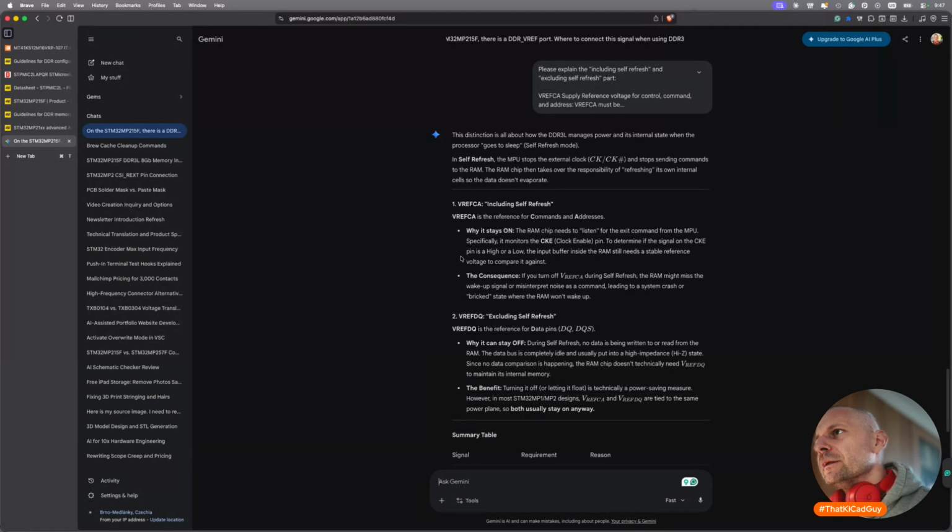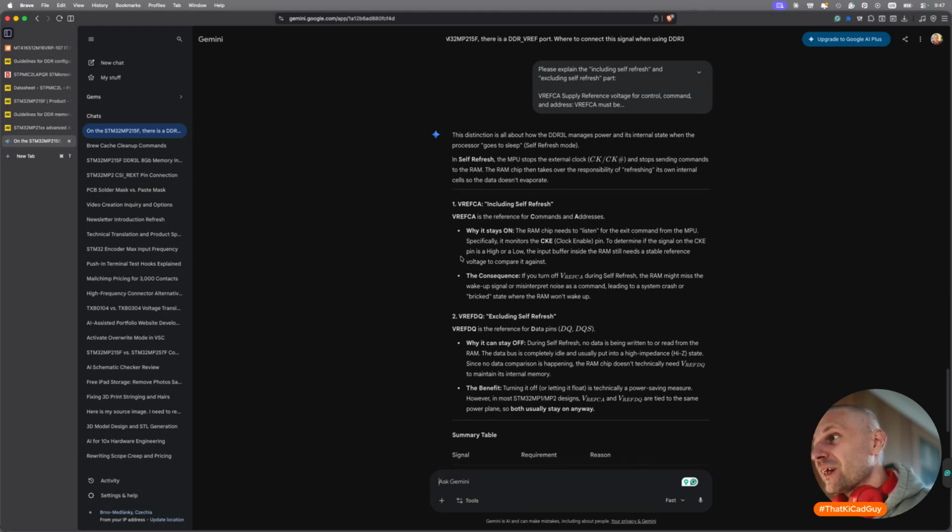Okay. Excluding, why does it stay off during self-refresh? No data is being written to or read from the RAM. The data bus is completely idle and usually put into a high impedance state. Since no data comparison is happening, the RAM chip doesn't need it, that's important. They don't say it mustn't, but it doesn't need.